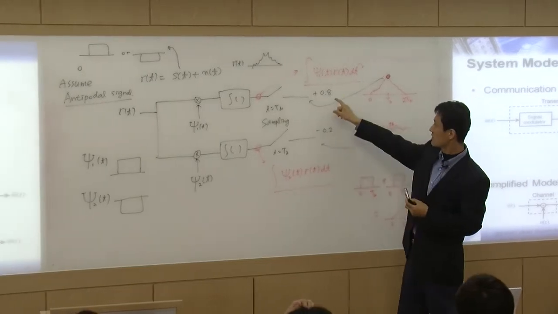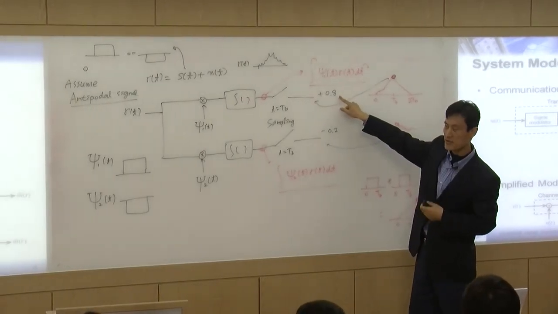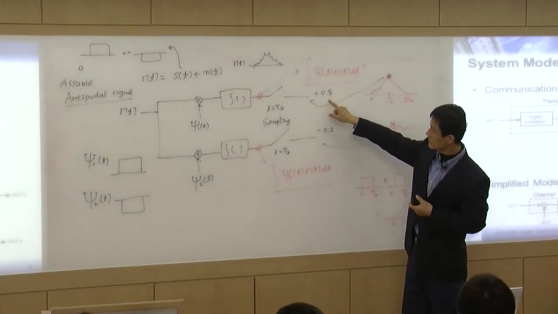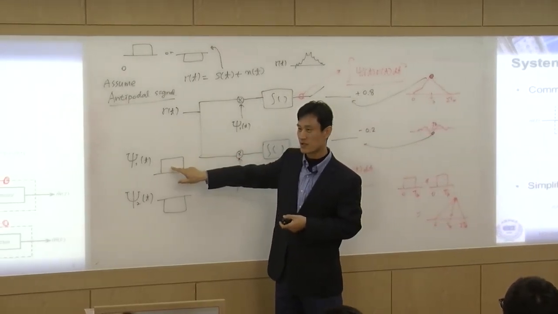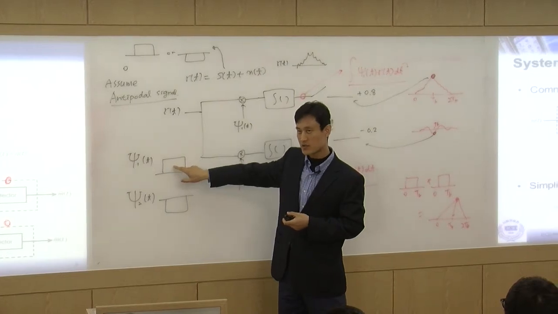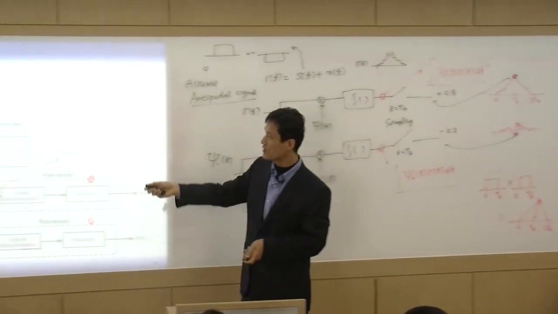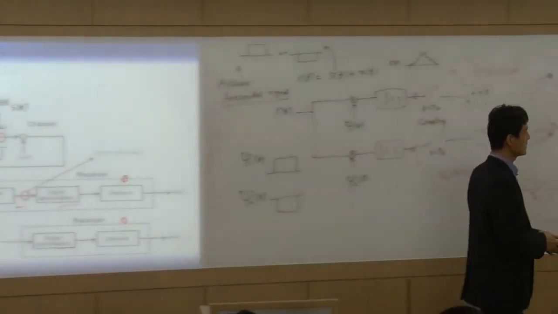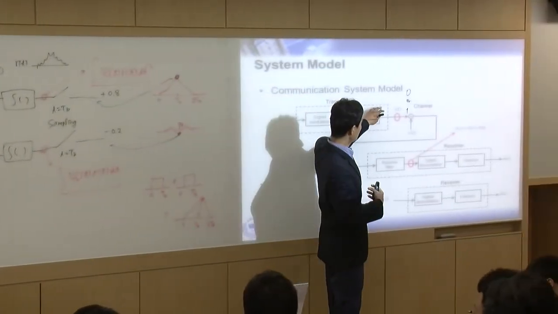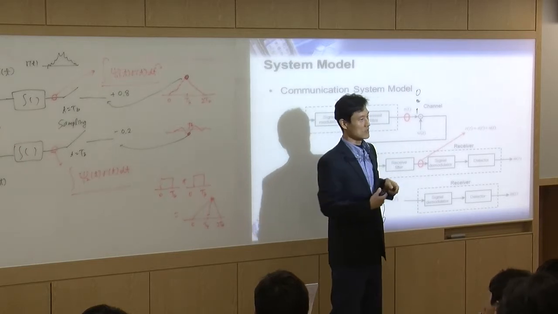Say this one has the larger value. Then it's for sure that this one was transmitted, and if this one was transmitted, the original information is 0. That's how you decide inside the detector, so my decision is going to be 0 in that case.